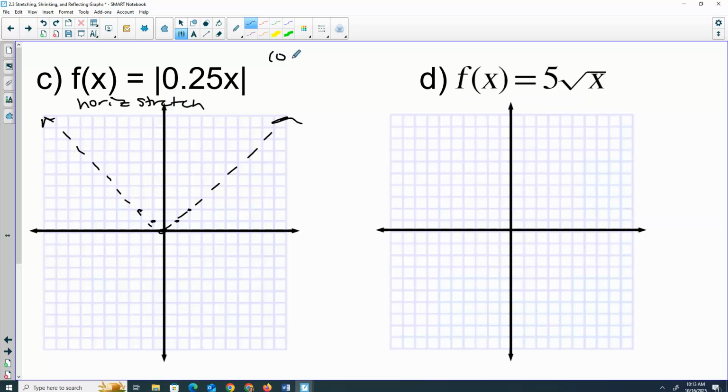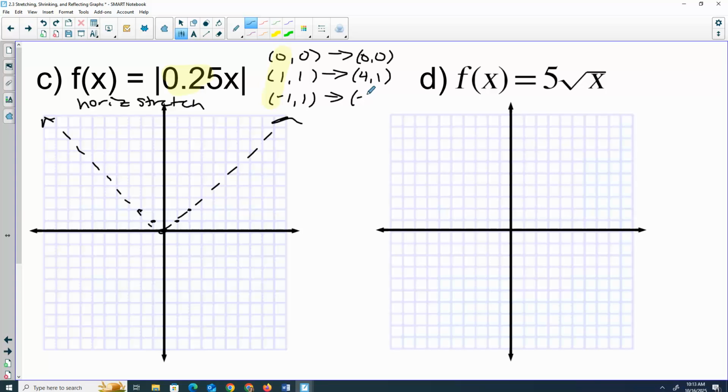If ordered pairs help, do at least 3 of them. This says take my y or my x times 0.25. What's the opposite of multiplying by 0.25? Dividing. 0 divided by anything is still 0. What's 1 divided by 0.25? What's negative 1 divided by 0.25?